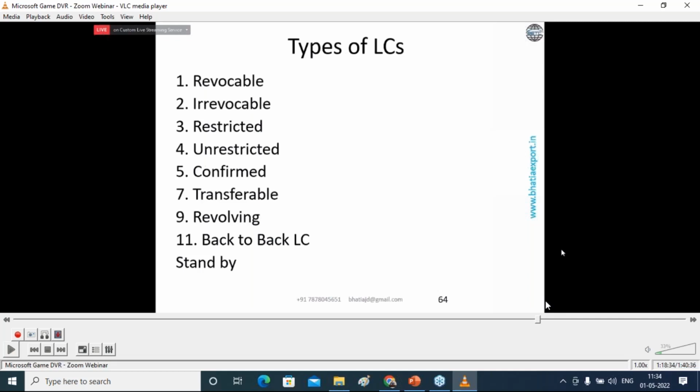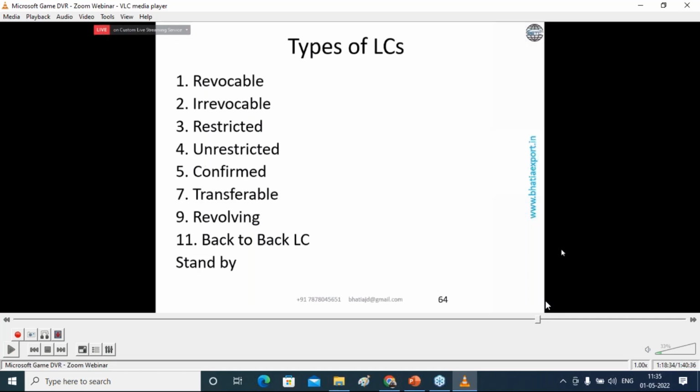Then revolving LC. The LC is a guarantee, like a bank guarantee. Suppose you have made some transaction through the banking channel, and one transaction is over. After the transaction is over, that LC amount is covered to that extent. Then it revolves, meaning it restores the amount.